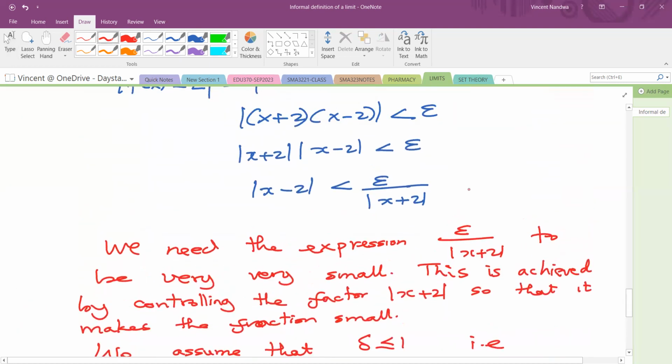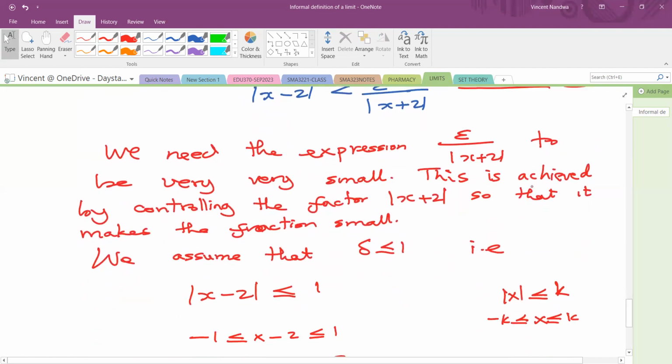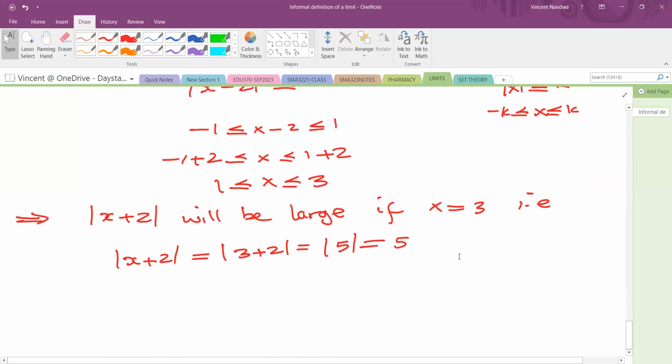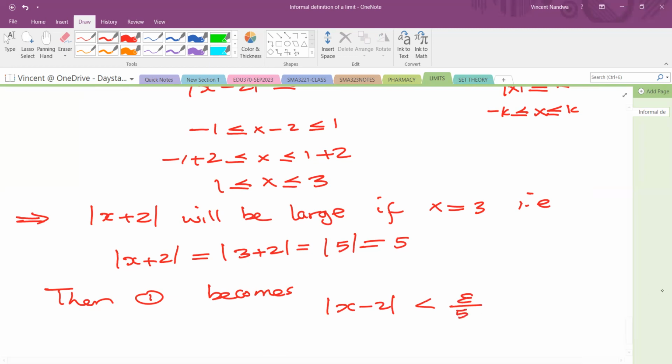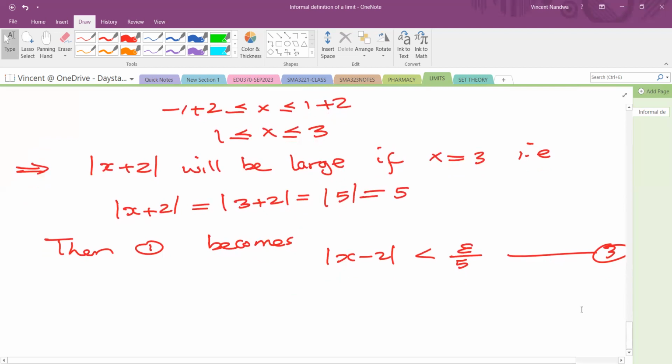So if I have called this one 1, and I call this one 2, then 1 becomes the absolute of x minus 2 is less than epsilon over 5. So I can call this one inequality or expression number 3.